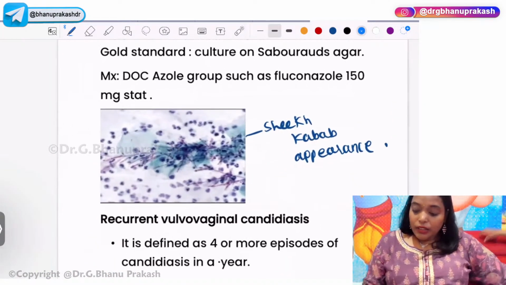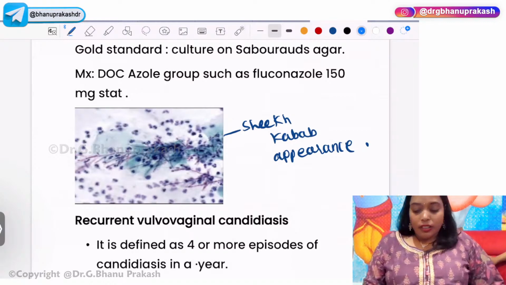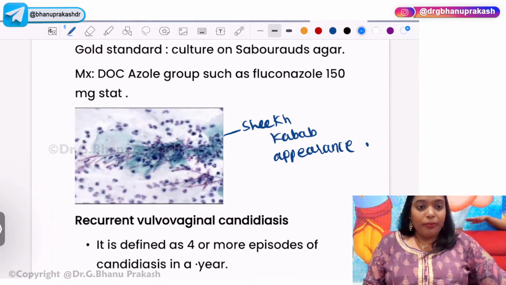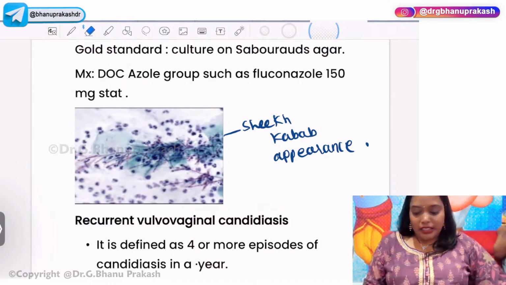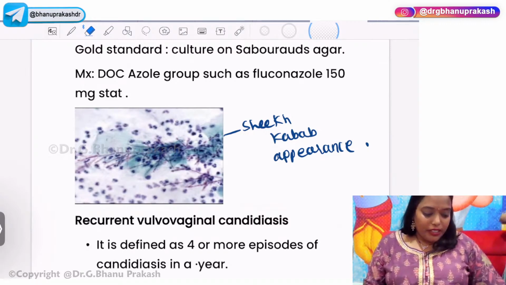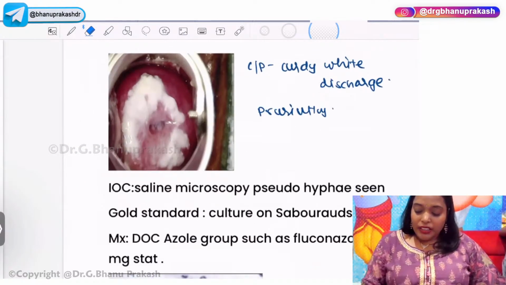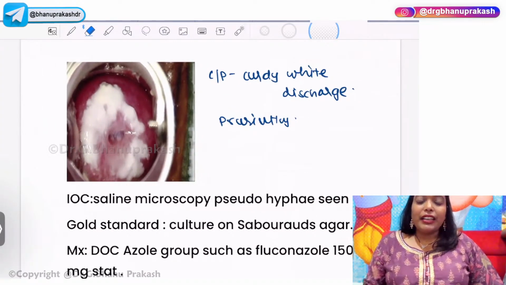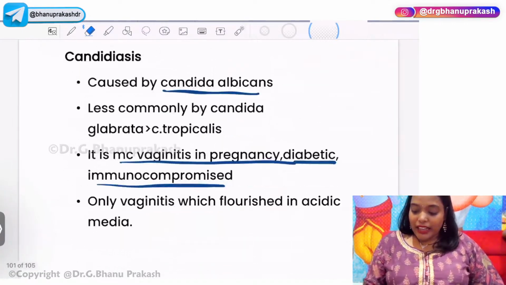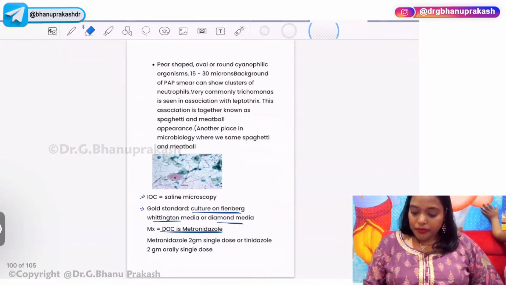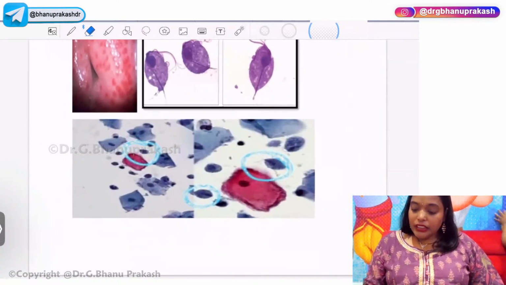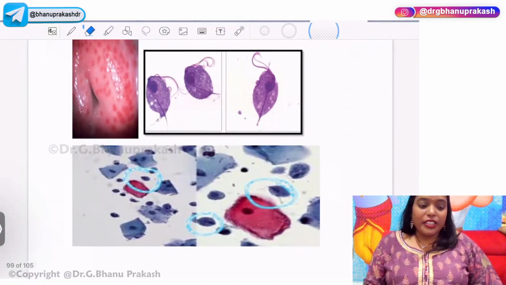This is the sheikh kebab appearance, the pseudohyphae wound around the vaginal epithelial cells. This is a curdy white discharge, seen in candidiasis. This is the pear-shaped trichomonas with strawberry cervix.